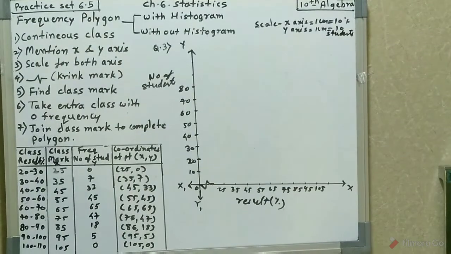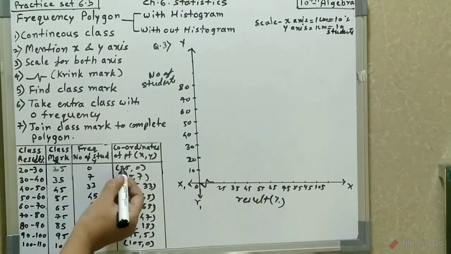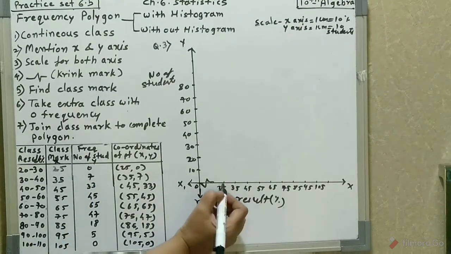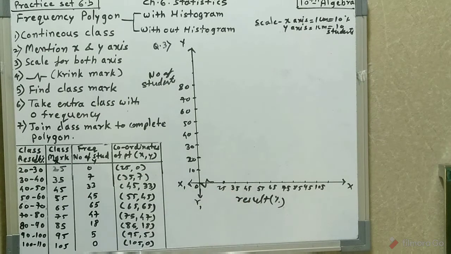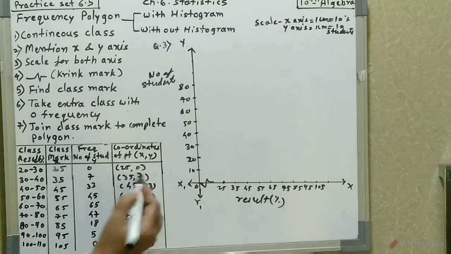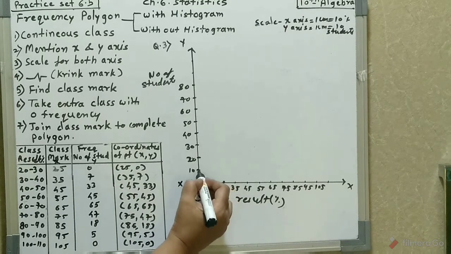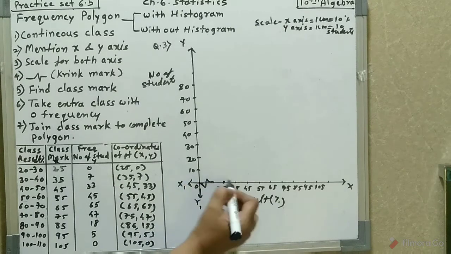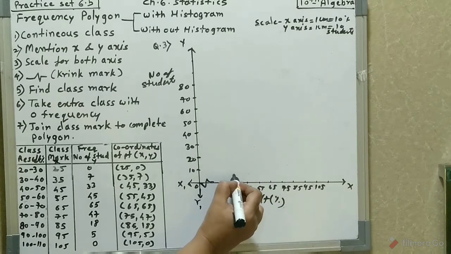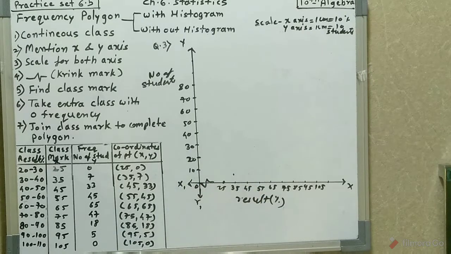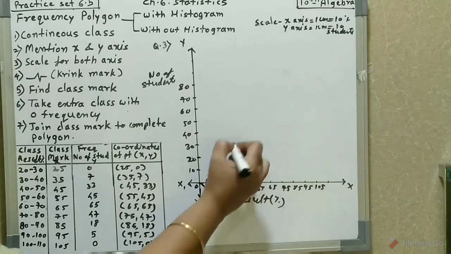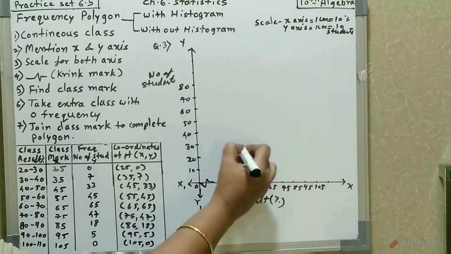Okay. So we plot the first point, 25 to 0. Here 25 on the x-axis, 0 on the y-axis. Then next 35 to 7. So 35 here and 7 below the 10, the third last line. Then 45 to 33: 45 here and 33, 30 above the 3 lines.